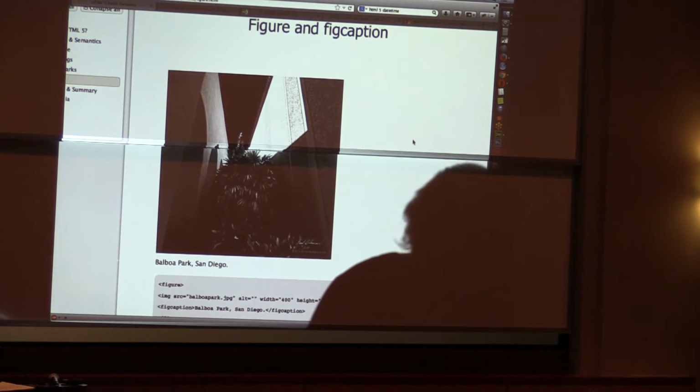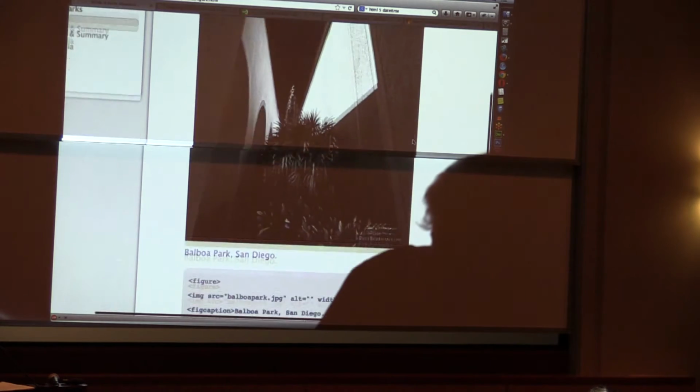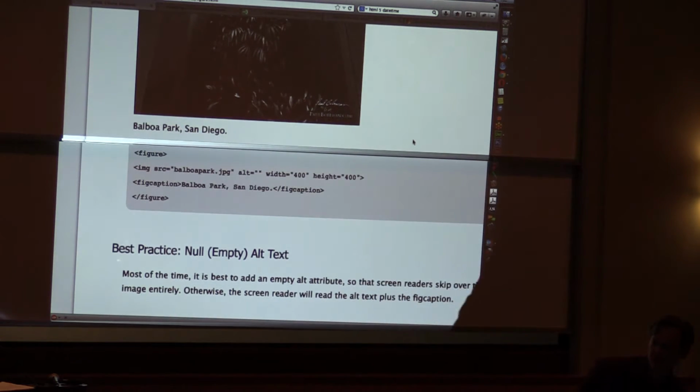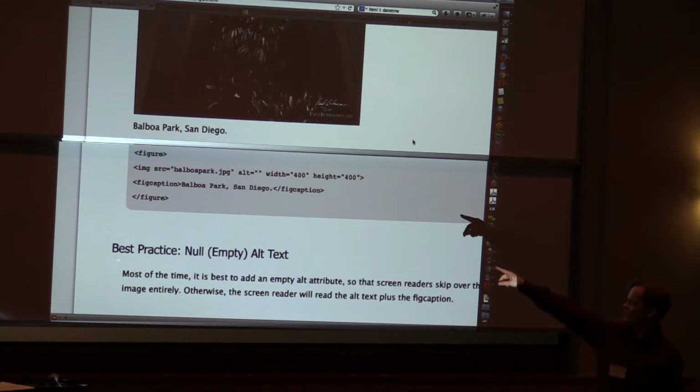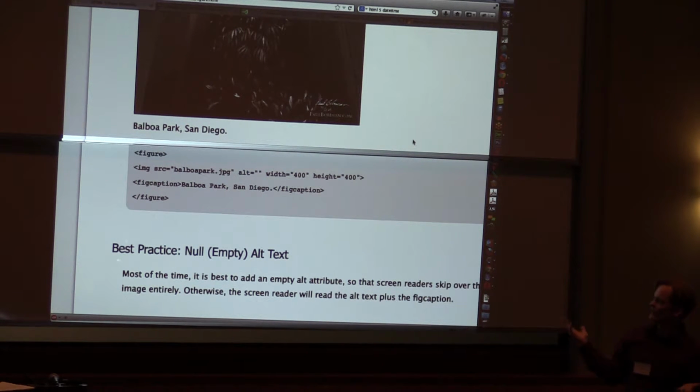So you can see the picture. We just go to the code. And in the code, it's just a figure tag with an image thrown in it and a fig caption tag thrown in it also. So when a browser comes across it that doesn't have a clue what figure or fig caption are, it'll just treat it like an image with a paragraph, basically.